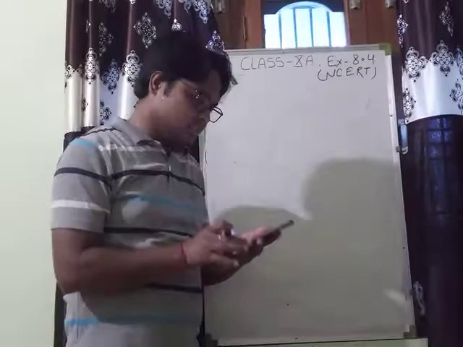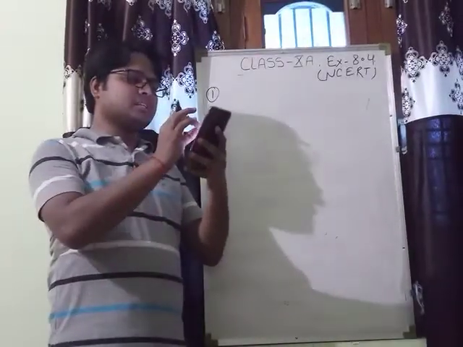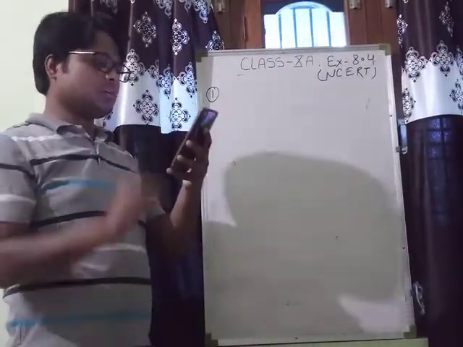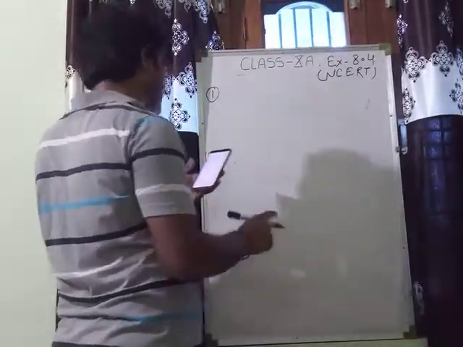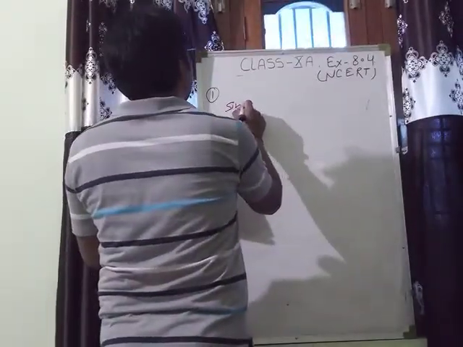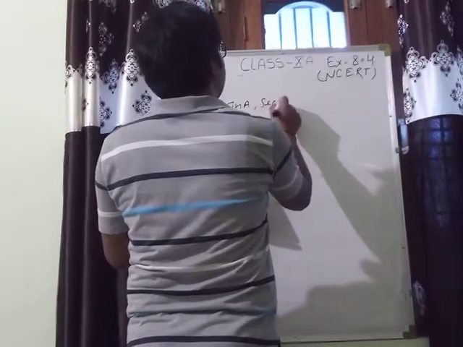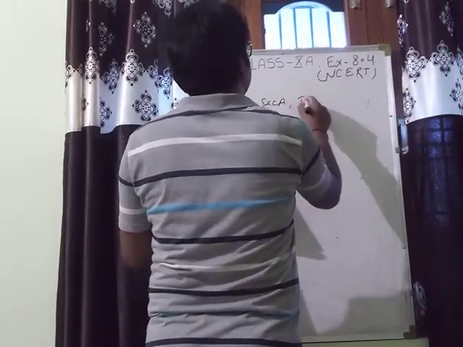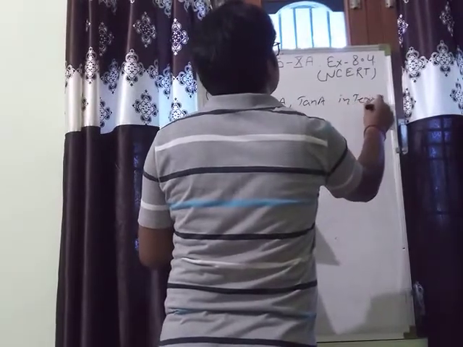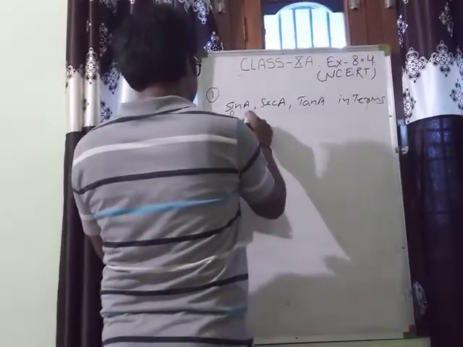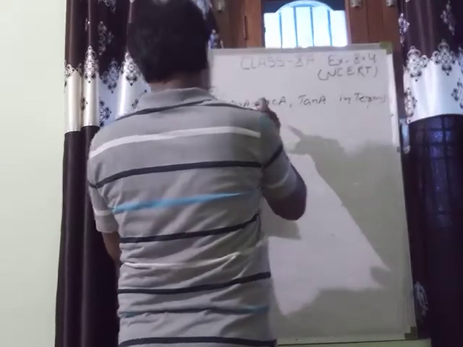Question number first is: express the trigonometric ratios sin A, sec A and tan A in terms of cot A.